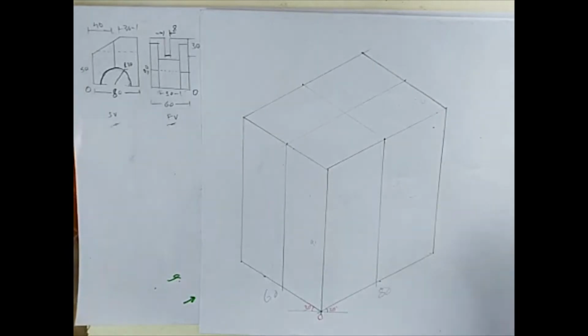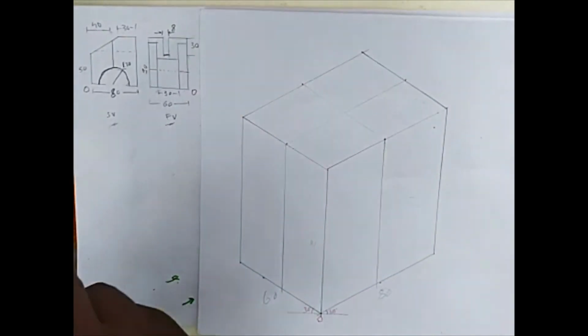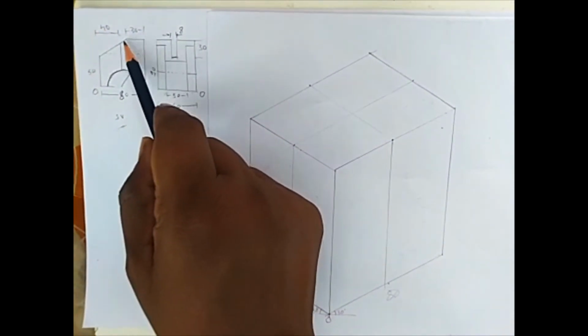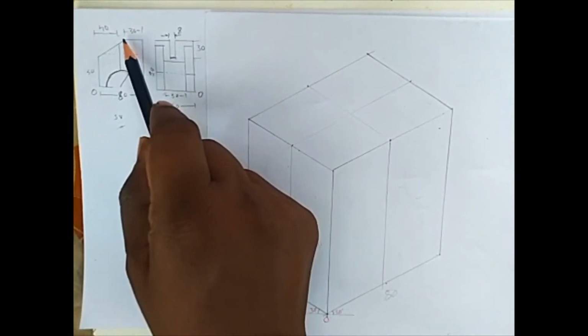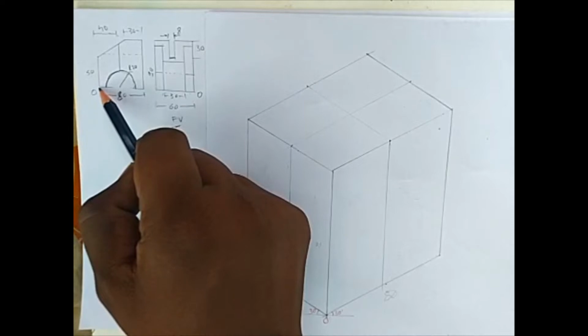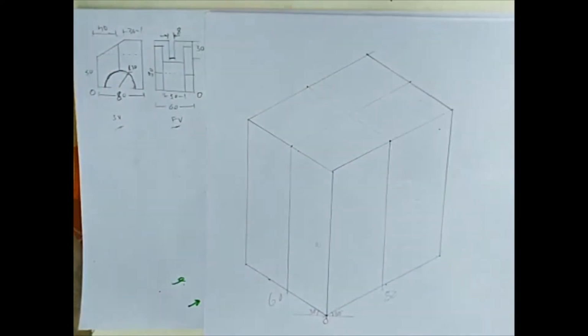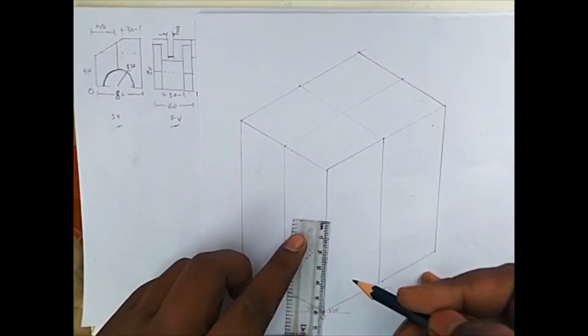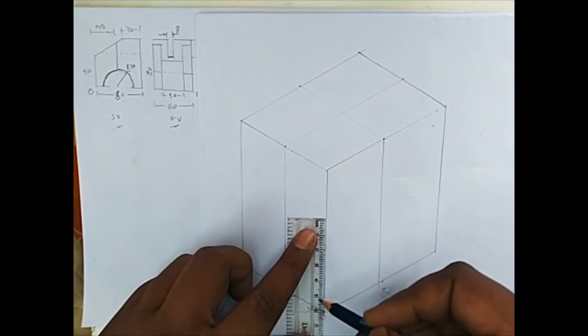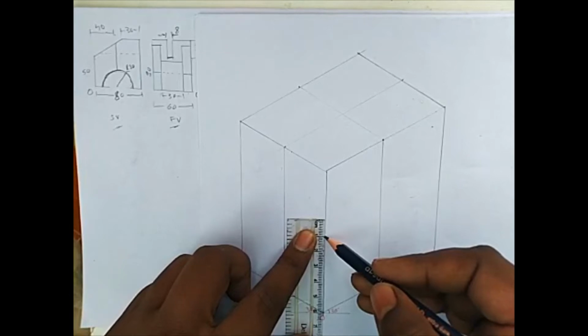Okay, so next thing here is, first of all we have to make this slanted portion. This slanted portion, you can see it is 30 mm from the back side, and from the downside it is 50 mm. So what we can do, we can simply take a scale here, and from downside we can measure 10, 20, 30, 40 and 50 mm here.